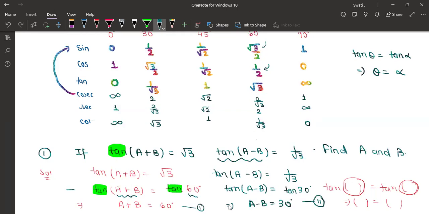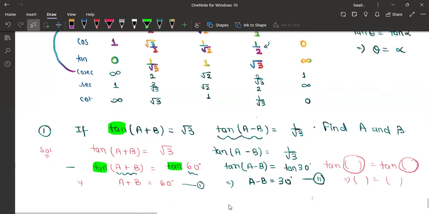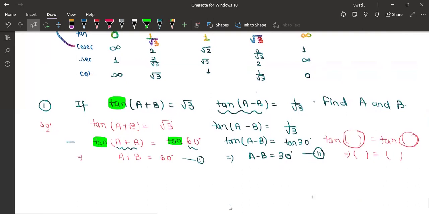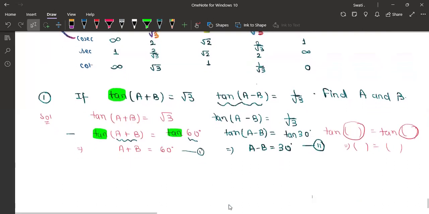Now, what do you have to find, Manya? You have to find A and B, right? Now, don't you think that you can find A and B very easily? It is a linear equation now, right? What will you do? Do you want to do the substitution method? Do you want to do the elimination method? I won't advise you to use cross multiplication here.